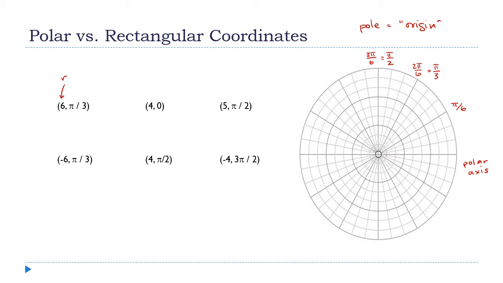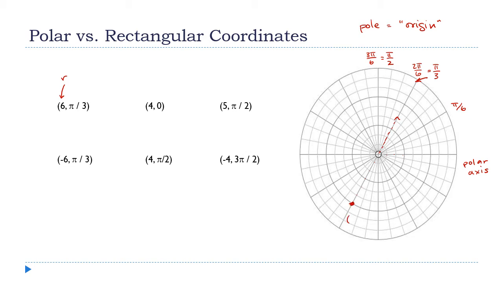So first I'm going to do the angle. I'm going to do pi over 3. That's this line here. And instead of going this way like I would with a positive radius, I'm going to go the other way. I'm going to count 1, 2, 3, 4, 5, and 6.